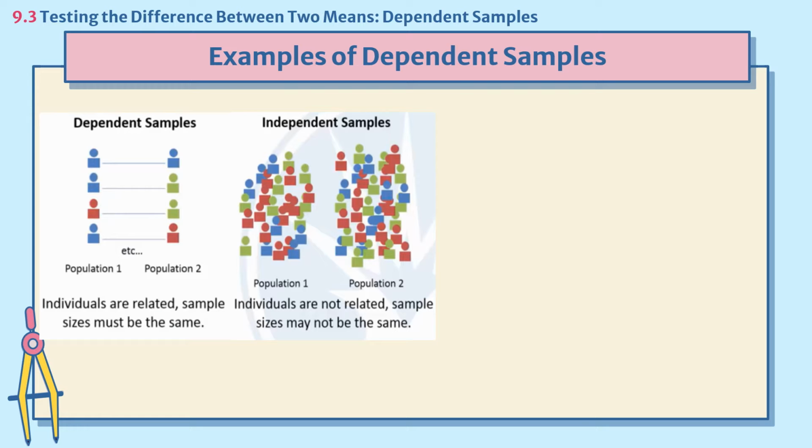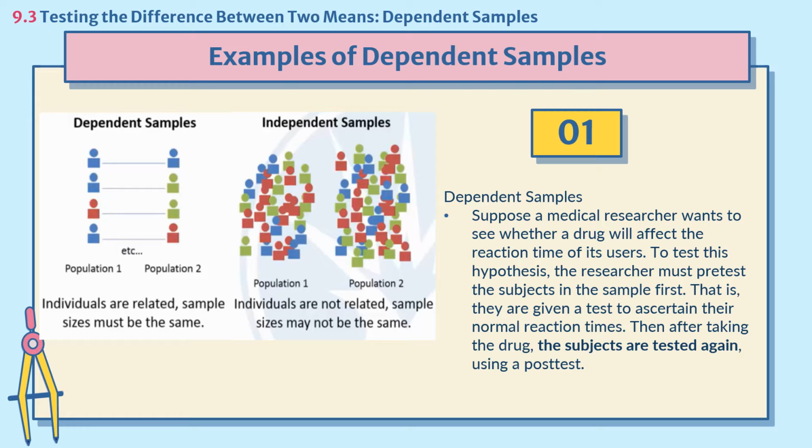Following are some examples of dependent samples. Our first example: suppose a medical researcher wants to see whether a drug will affect the reaction time of its users. To test this hypothesis, the researcher must pre-test the subjects in the sample first. That is, they are given a test to ascertain their normal reaction times. Then, after taking the drug, the subjects are tested again using a post-test.